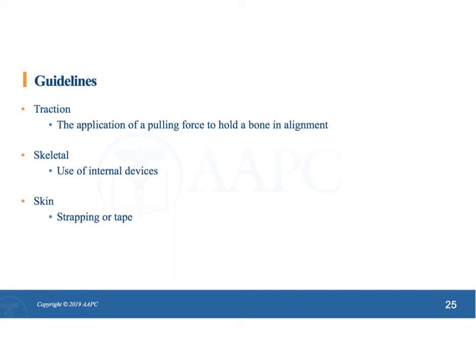Skin traction is application of a force to a limb using strapping or felt applied directly to the skin only. External fixation is use of skeletal pins plus an attaching mechanism to treat or align a deformity.